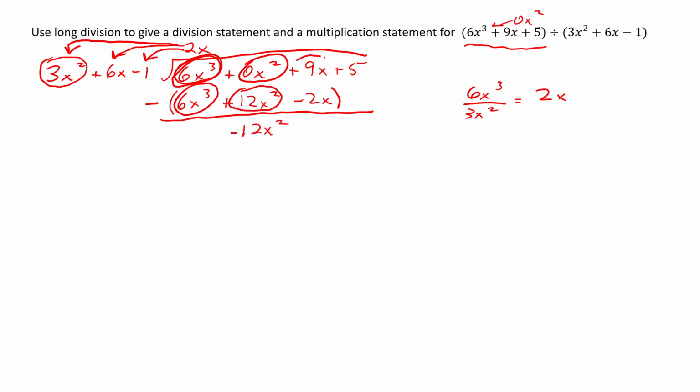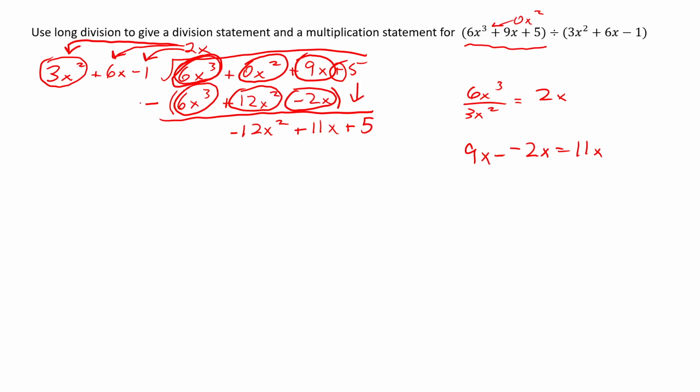Now, what is 9x minus, in front of the bracket, negative 2x? 9x minus negative 2x is positive 11x. Think about it: I need to figure out what's 9 minus negative 2. The answer is 11x. Now I'm also going to drop this 5 down. It's a positive 5. And so now I've got negative 12x squared plus 11x plus 5.